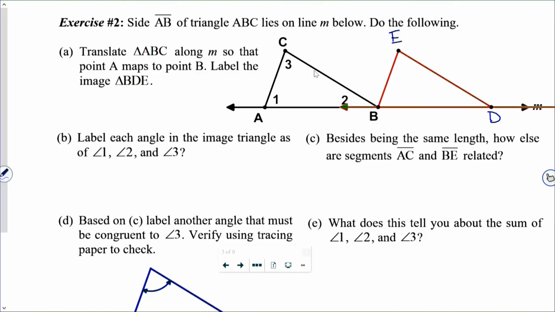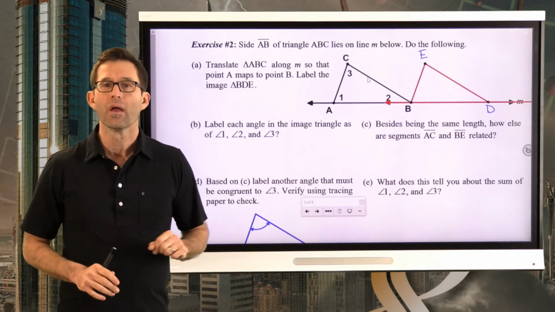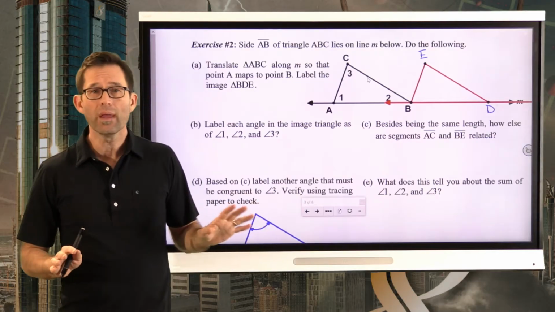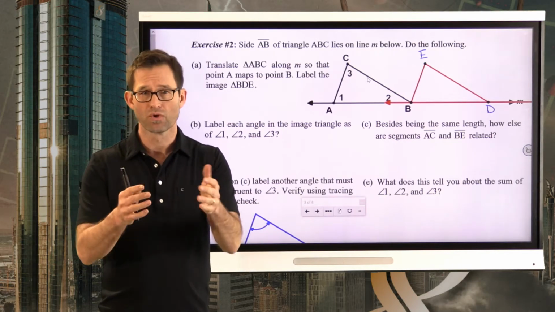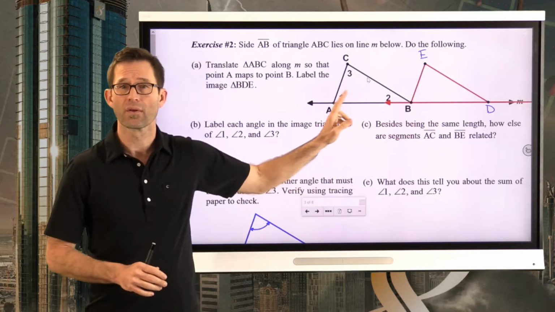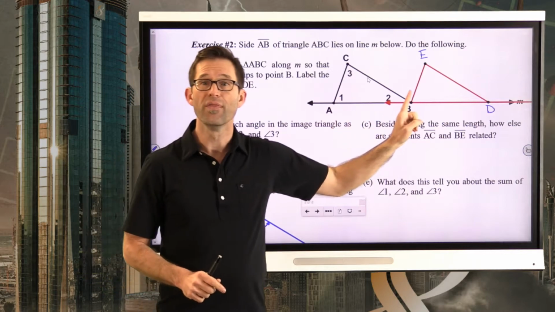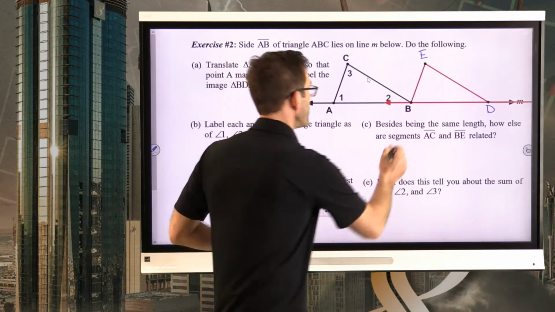Label each angle in the image triangle as angle 1, angle 2, and angle 3. All right, a little bit of grammar there. But in other words, we know that a translation is a rigid motion, right? And because it's a rigid motion, this triangle is identical to this triangle. And that means that if this is angle 1, then this must be angle 1 as well.